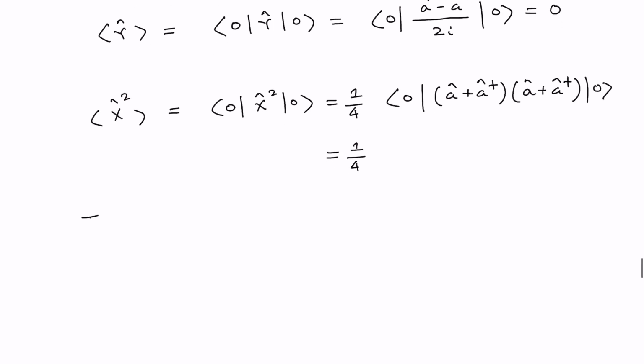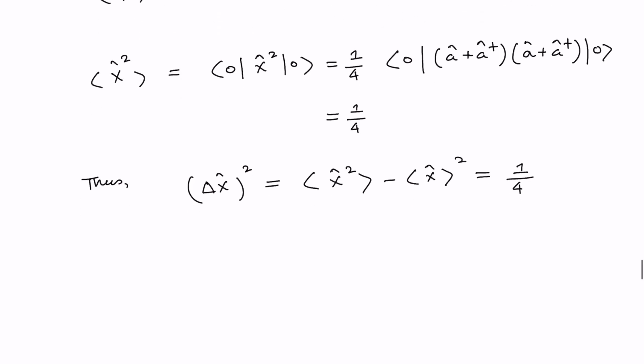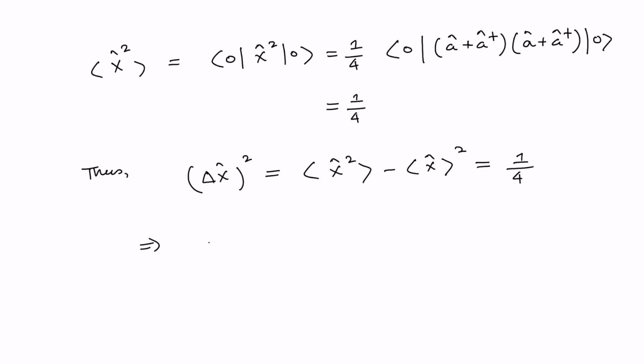It implies that we have the variance in x in the vacuum state to be 1/4. That means you are going to have delta x, the uncertainty in the quadrature operator x, equal to 1/2 in the vacuum state, and the same thing by the way you got even for the coherent state.